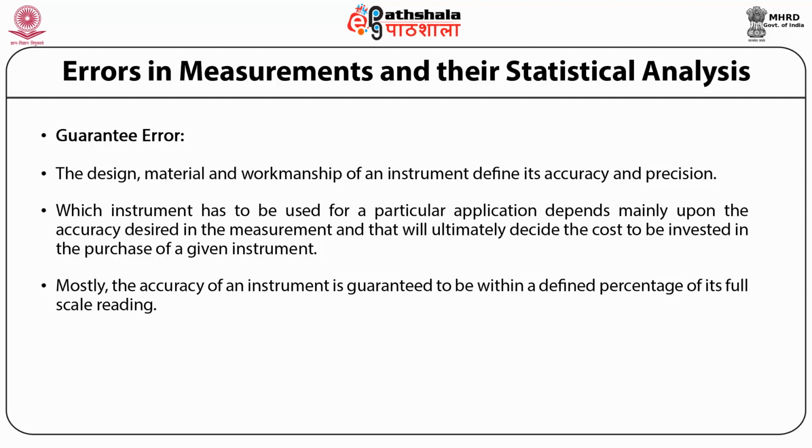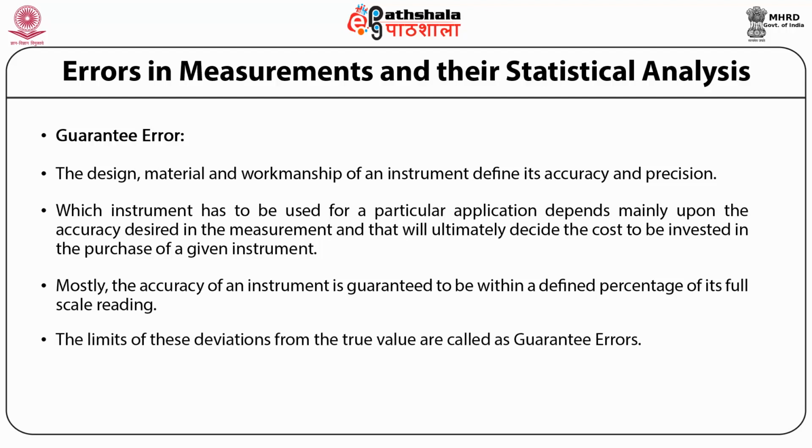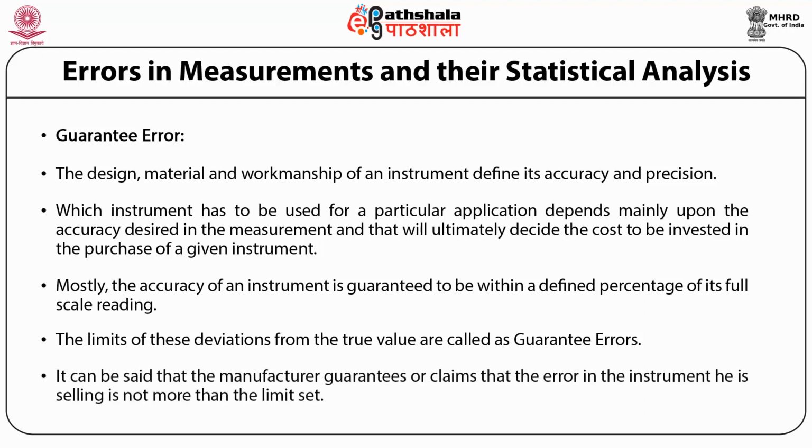Thus, manufacturers of instruments specify the deviations from a nominal value of a given quantity. The limits of these deviations from the true value are called guarantee errors. It can be said that the manufacturer guarantees or claims that the error in the instrument he is selling is not more than the limit set.